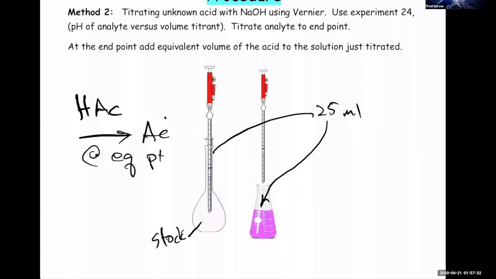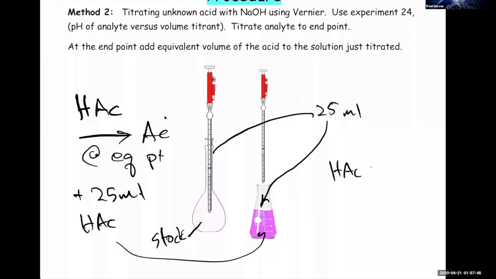By introducing another 25 mL of acid back into the solution, you now force the solution to have equal amounts of acid and its conjugate base, because the 25 mL that you originally put in is now the conjugate base. By introducing a new 25 mL of acid, you have this equal.